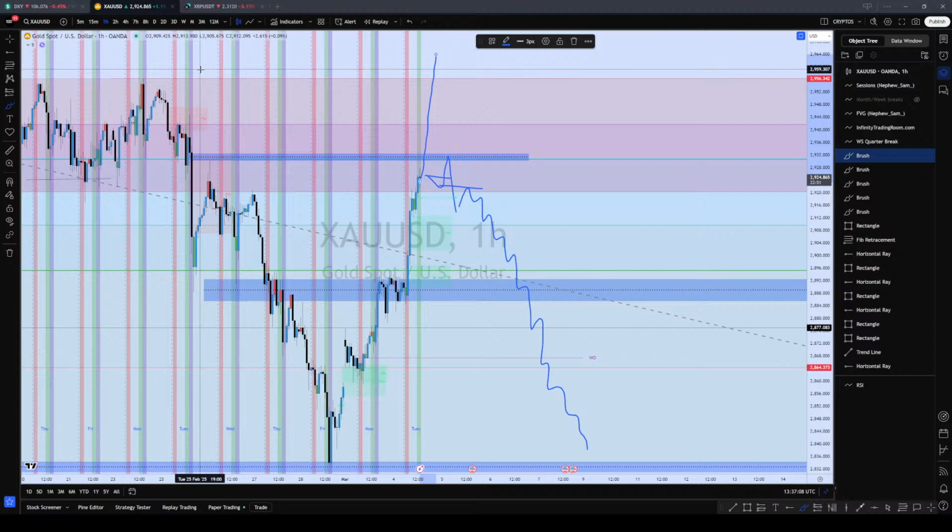Reaccumulation means that they were buying the down candle, right? So closing above the down candle will be the confirmation that price is going to continue going higher, and then we can look for buys.